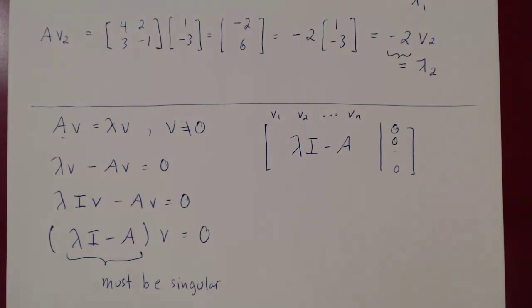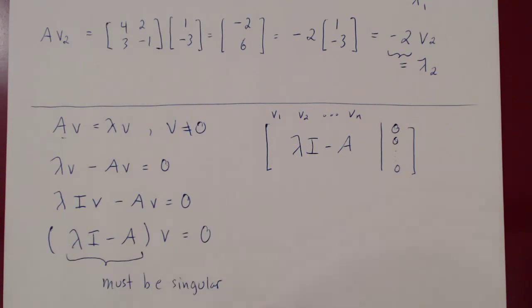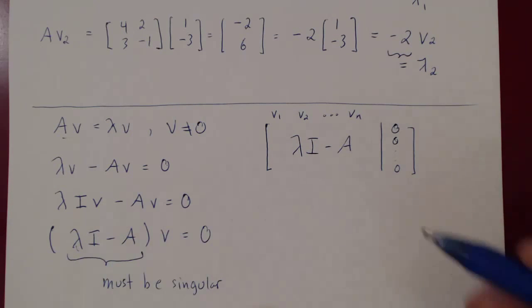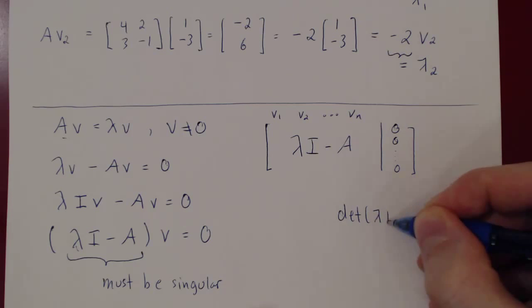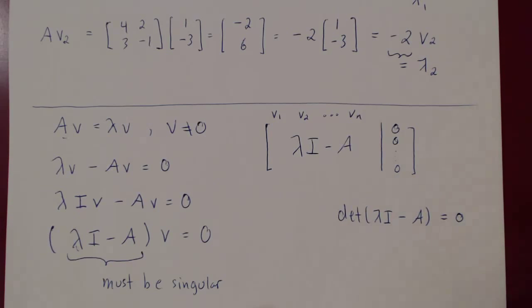Now think of the determinant. A matrix is invertible if and only if its determinant is not zero. So this matrix will be singular if and only if its determinant is equal to zero. So, to have an eigenvalue for the matrix A, the matrix lambda I minus A must be singular, therefore its determinant has to be equal to the real number zero.